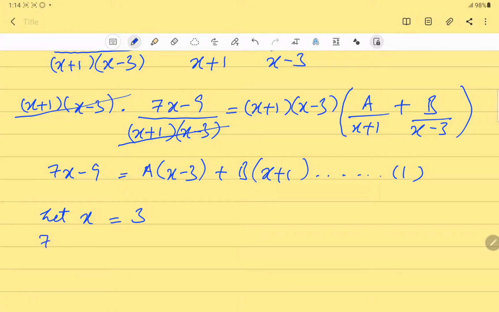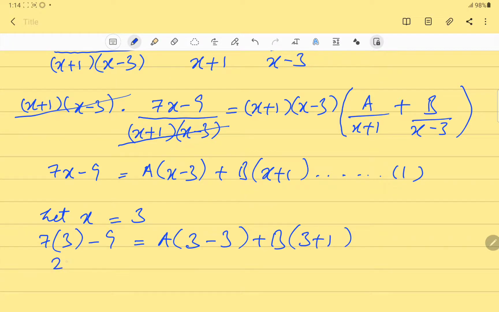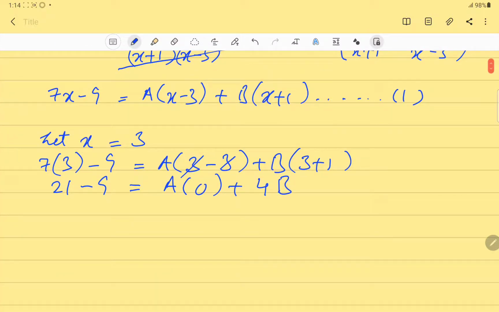So it will look like 7 into 3 minus 9 equals a into (3 minus 3) plus b into (3 plus 1). 7 into 3 is 21 minus 9 is 12, a into 0 is 0, so we will be left with 4b.